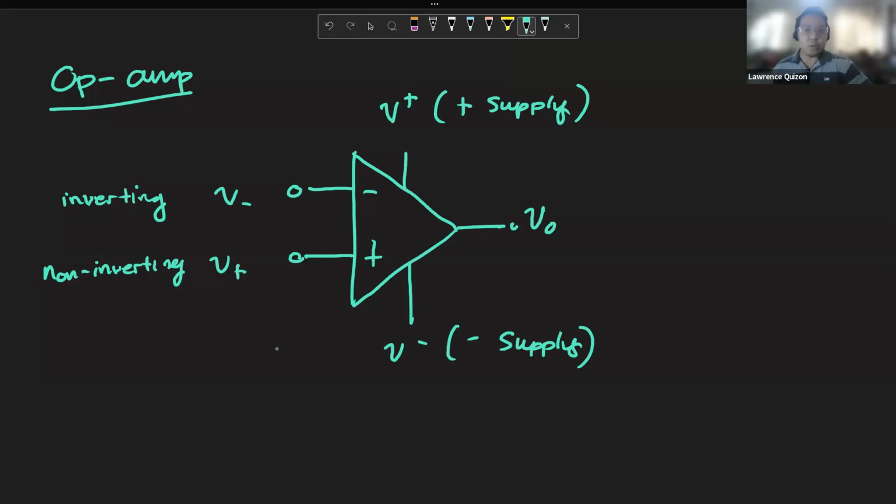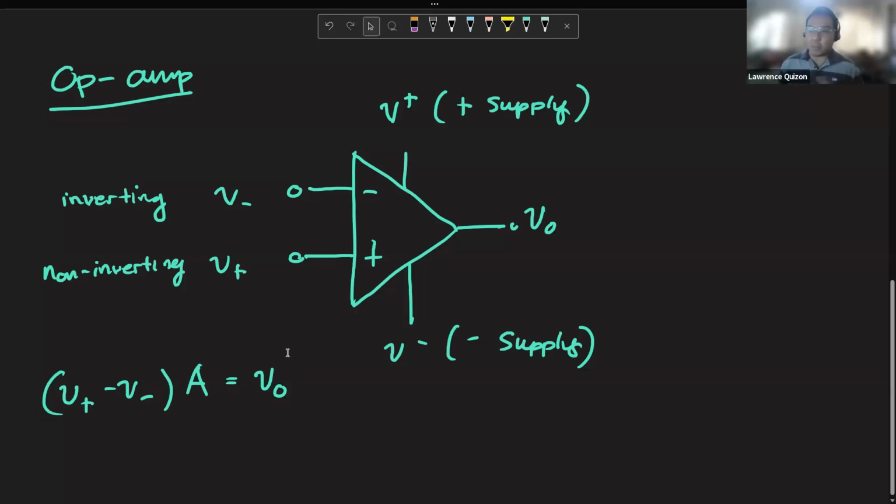So essentially, what an op-amp seeks to do, right, is to amplify the difference between our non-inverting input and our inverting input, multiply that by the gain of the op-amp A, and release that as the output voltage. Ideally, that's what we wanted to do, no?